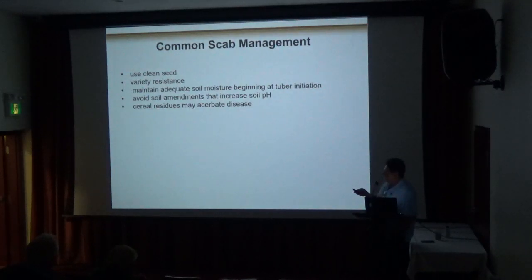So just in summary, if you want to increase your odds, you try to do a combination of things for scab. Non-scabby seed as your seed source is one important factor. There's more variety resistance. That's probably the best way to control scab, if you have that option.